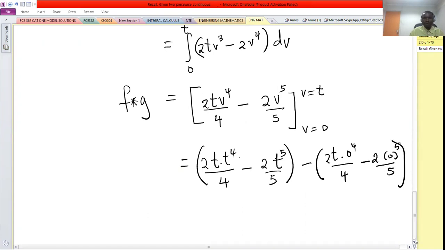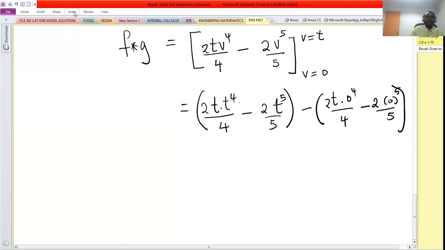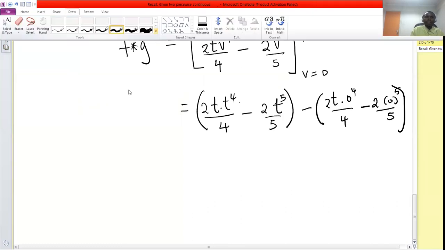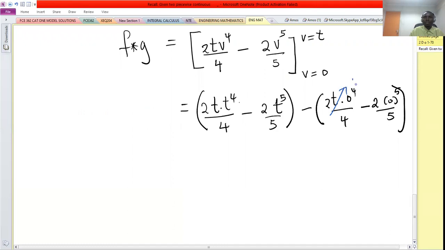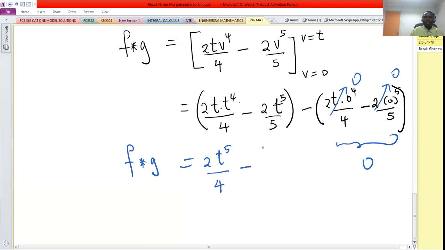It should be very obvious that all this part will be 0. And using laws of indices, t power 1 times t power 4 gives us 2t power 5 over 4 minus 2t power 5 over 5.